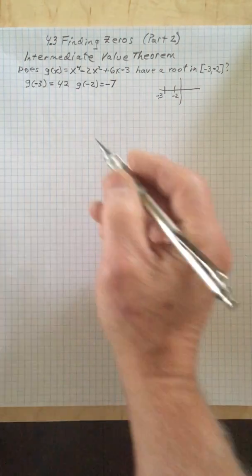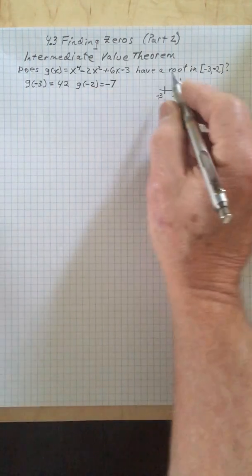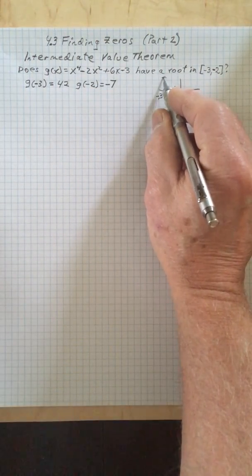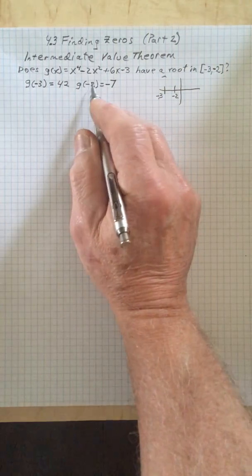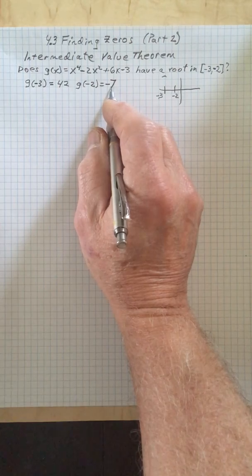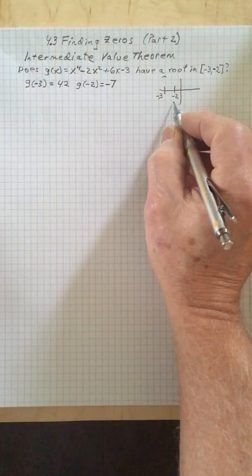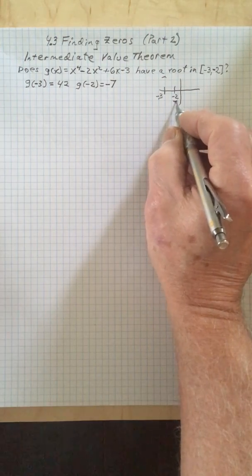Well, when we put -3 in, we came up with 42, so we're way up here somewhere. It's positive. At -2, we got -7, so we're down here somewhere.